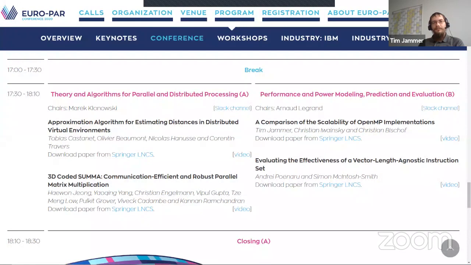Okay. Maybe you can say a few words about this for those who haven't had the opportunity to read your article yet. So in general, the idea is that there are also differences in the implementations.